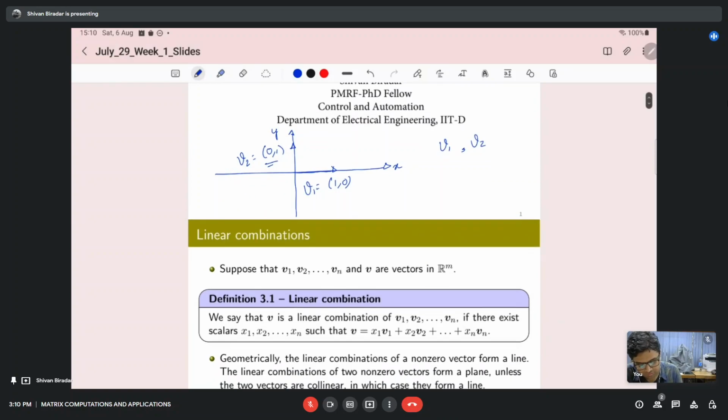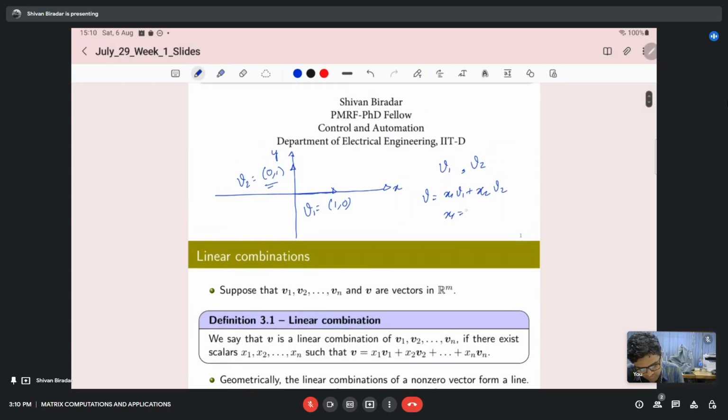The linear combination of these two vectors can be written as x1 v1 plus x2 v2. Let us say x1 equals 1 and x2 equals 1. Then I will get the vector 1, 1.